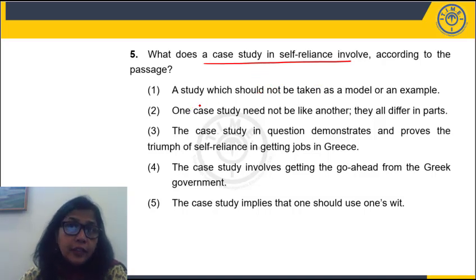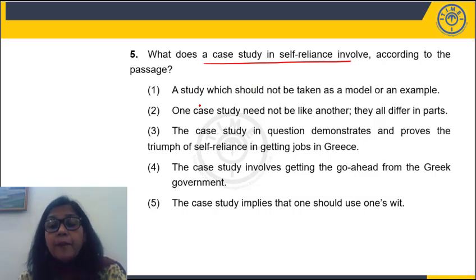So the case study involved how this woman succeeded in getting a job as a hairdresser, first learnt the skill, then got a job as a hairdresser in Greece, and how she could make friends with an Afghan woman and stay with her for a few nights. That helped her family out, right? Otherwise, they were homeless on the streets. The case study also indicates the saying that, when the going gets tough, the tough get going. And who is the tough one over here? The Iranian lady, right? Hussaini.